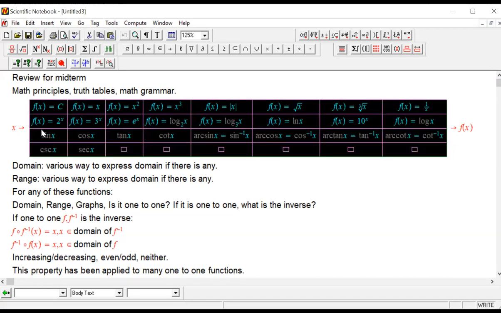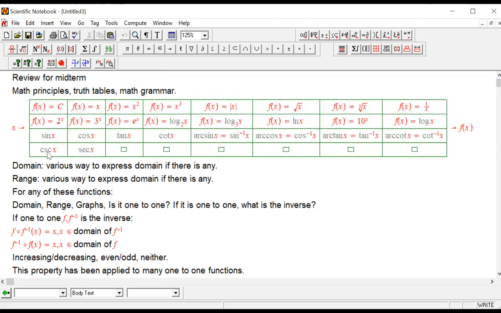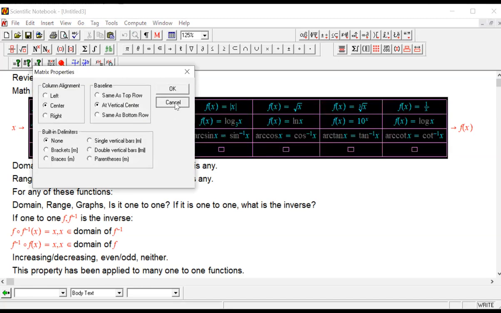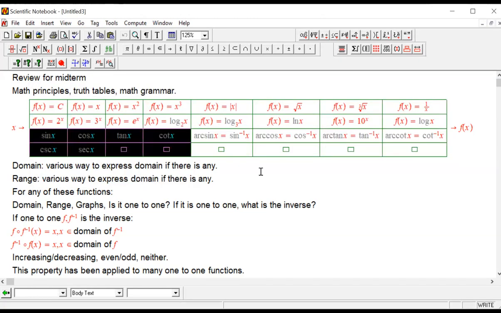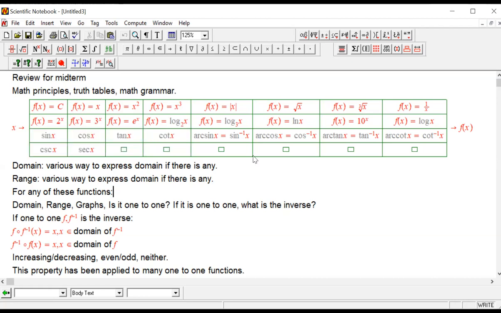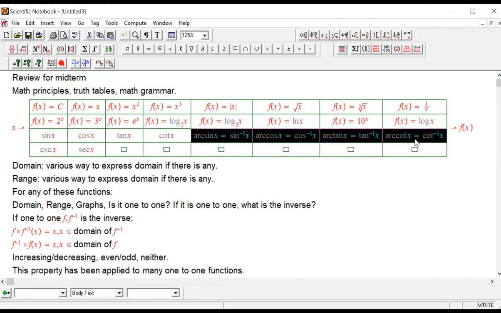We've primarily studied the rules: input, output. You need to be very clear about what kind of quantities are input and what kind of quantities are output for these functions.